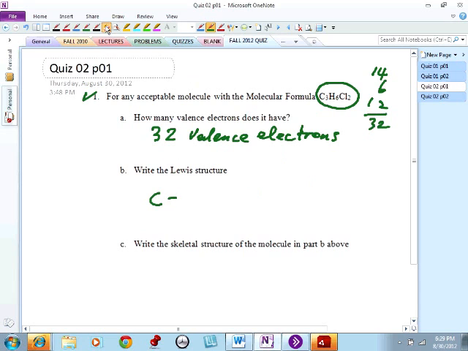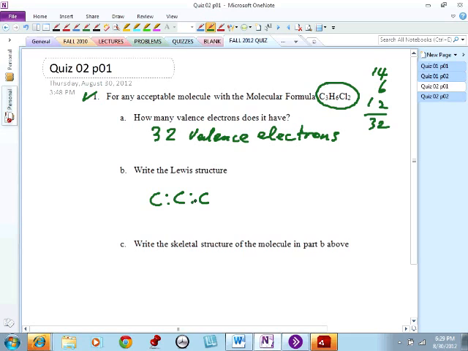3 carbons in a row. Keep in mind we want to write the Lewis structure, right? So then what do you do? For the Lewis structure, how do you represent the bonding electrons? 2 dots. Okay, very good.